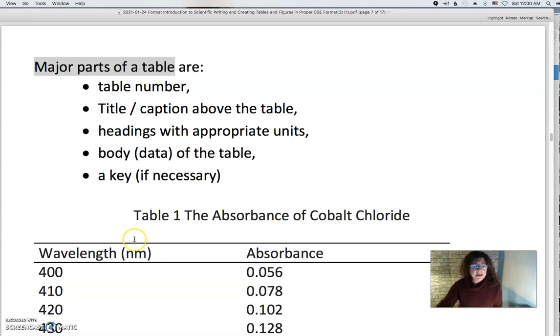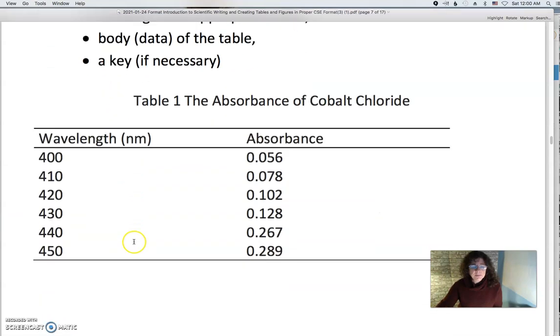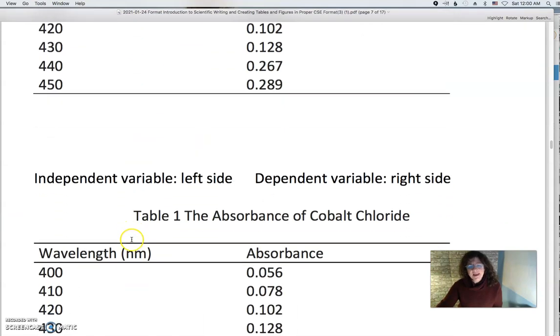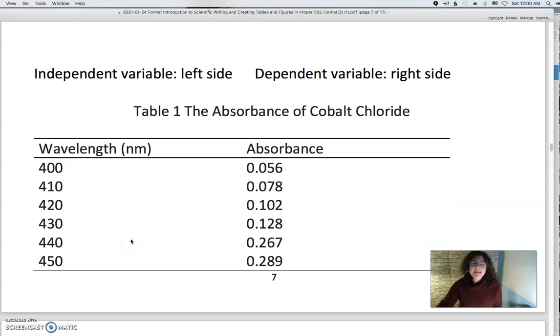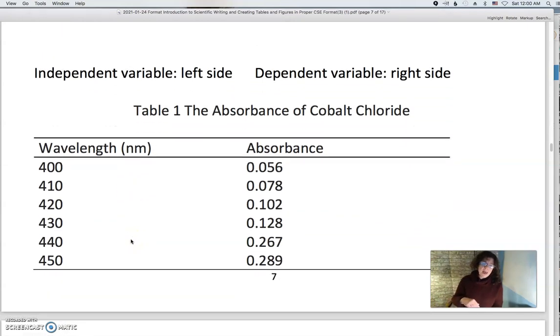And in fact, that's an important point. In the tables along with the CSE format are the structure that the independent variable, the variable that you, the researcher, are controlling, is always on the left-hand side of the table. It's on this side of the table, the left-hand side.